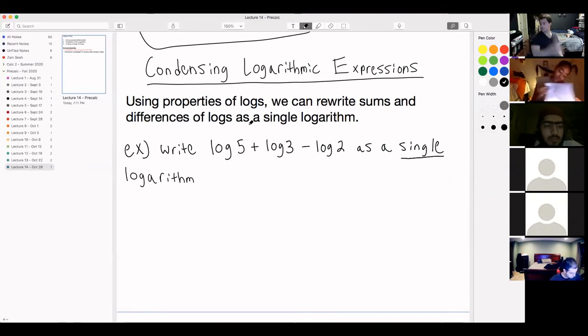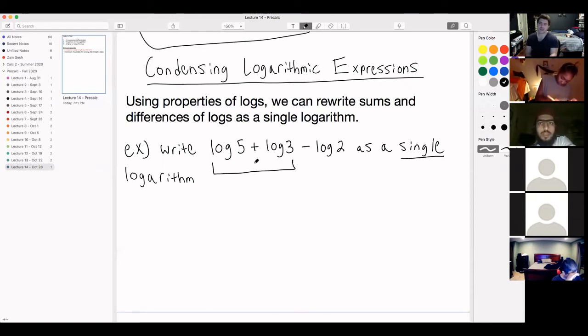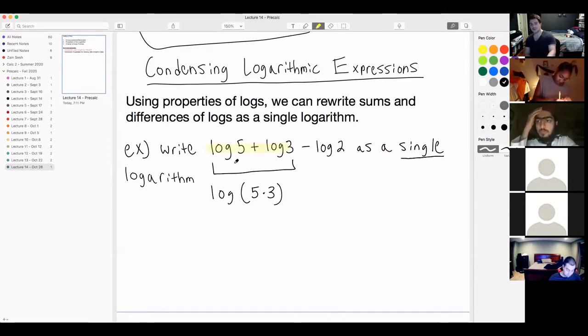What we can do first is think of this guy. This looks like a sum of logs, like log of m plus log of n, and we know that's the same as log of m times n. So this part that I have underlined is the same as log of 5 times 3. The highlighted portion has gone to log of 5 times 3. We're just using that product rule in reverse now.